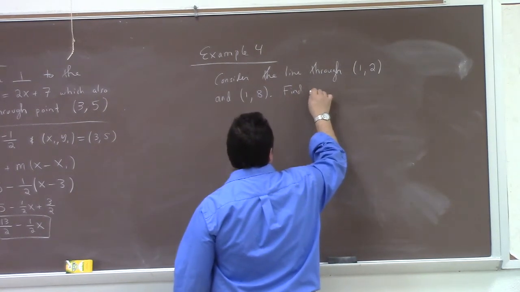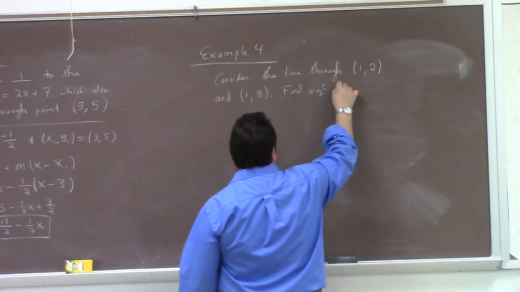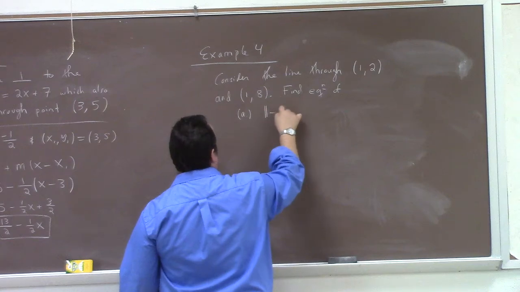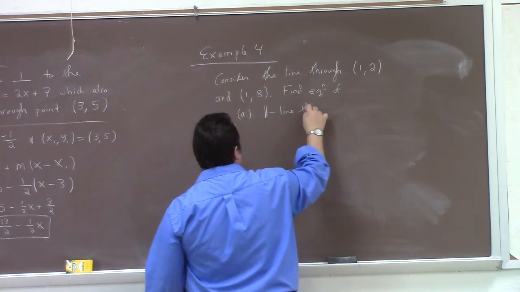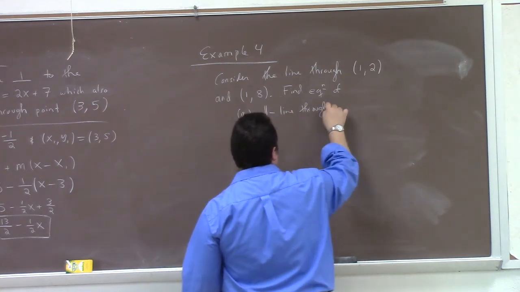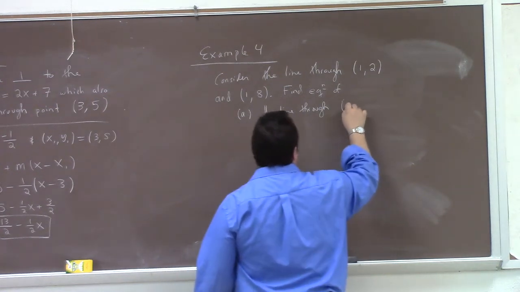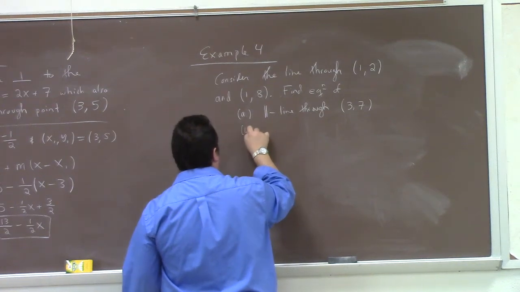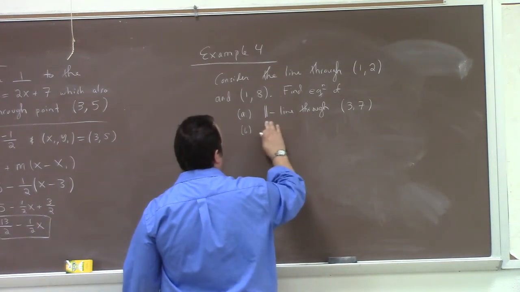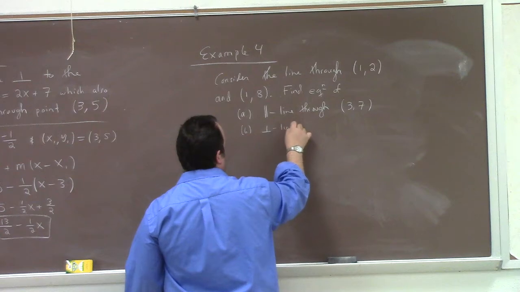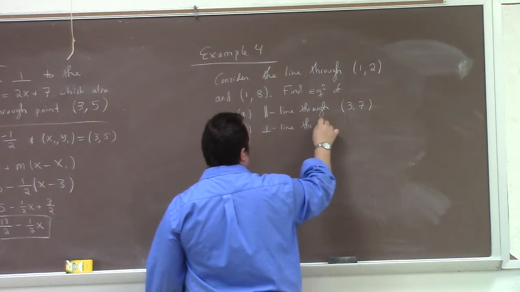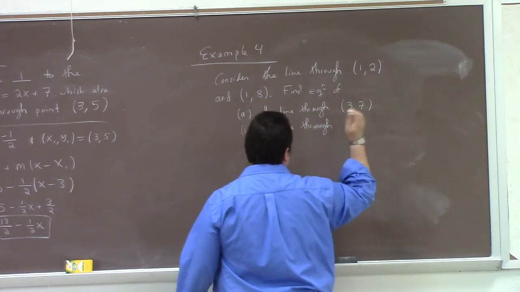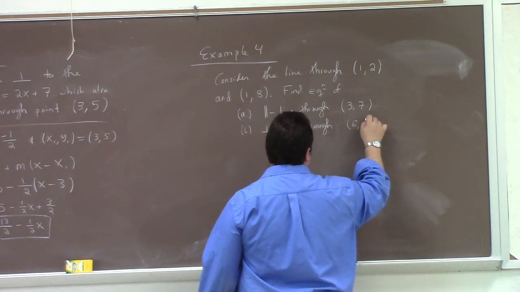Find the equation of part A, the parallel line through (3, 7), and then B, the perpendicular line through, I don't know, (6, 2).